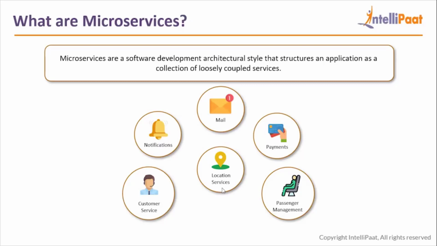And that is the beauty of microservices, that the services that we are defining now are not dependent on each other. For example, if the notifications module is not working, then it's not like your Uber app will go down. Probably in that case, it will say our notifications is having some problems, but you can still book a cab, because booking of a cab is nowhere related to notifications.